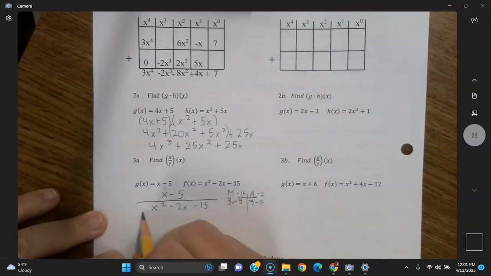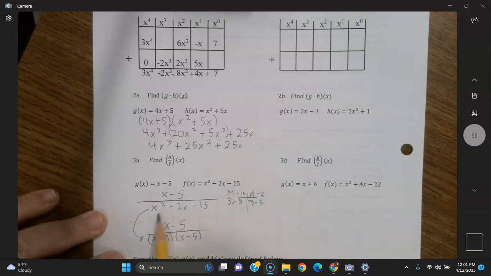So that means this is going to become, I'll come down here and write this. Up on the top, we still have x minus 5. And down here, we have x plus 3 times x minus 5. Okay, that's this factored. Now you see x minus 5 on the top and bottom.